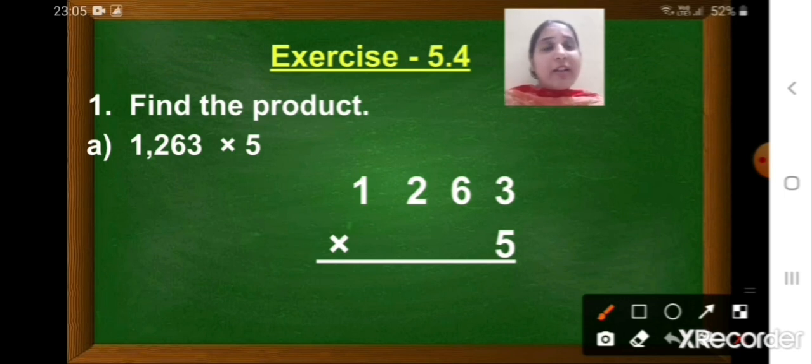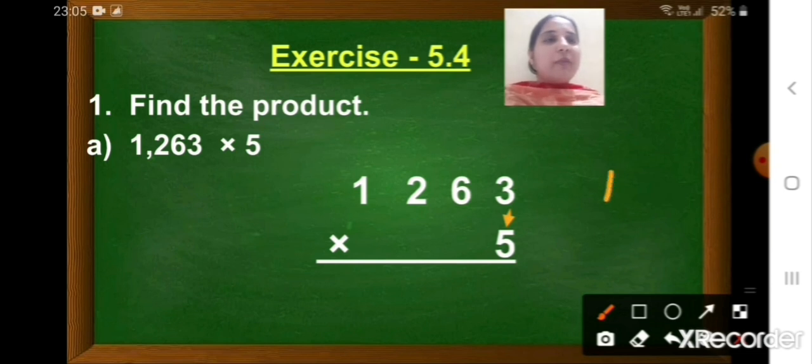Whenever we multiply, we always start from the ones place. So what is the digit here at the ones place? Yes, it's 3 here. So we will multiply this 3 by 5 first. 3 5s are or 5 3s are 15.